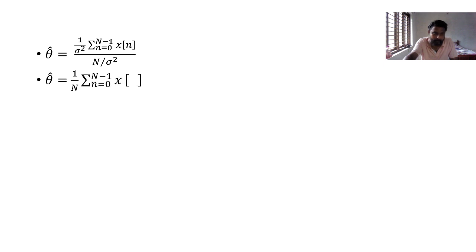And the minimum variance of theta cap is nothing but 1 by n by sigma square, that is sigma square by n, because variance of theta cap is 1 by S transpose C inverse S, which is n by sigma square. So that changes to sigma square by n.